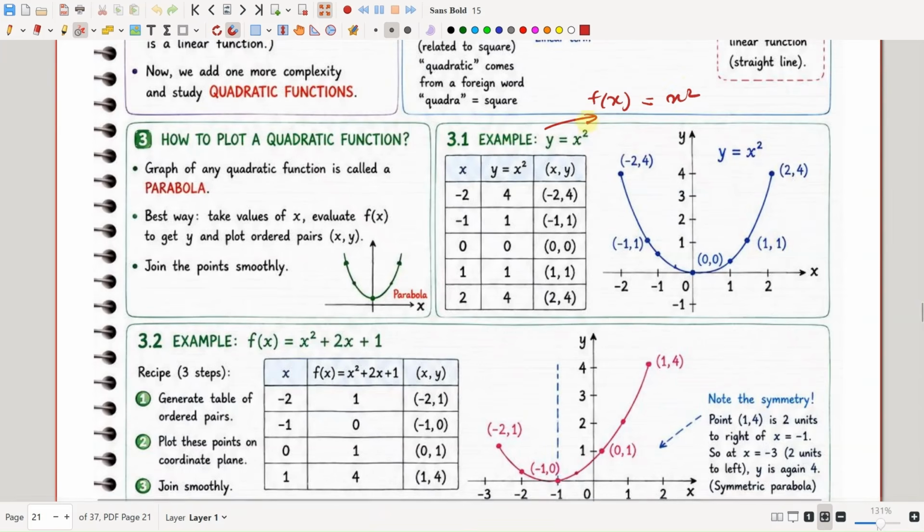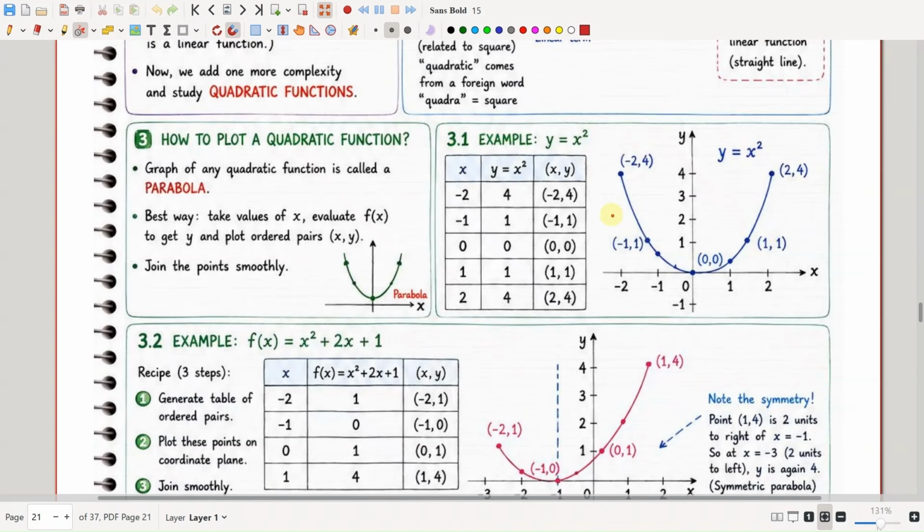So my f of x, which is in turn equal to y, will be -2 square, which is 4, -1 square, which is 1, 0 square, which is 0, 1 square is 1, and 2 square is 4. So the points I have to plot on the graph are (-2, 4), (-1, 1), (0, 0), (1, 1), and (2, 4).